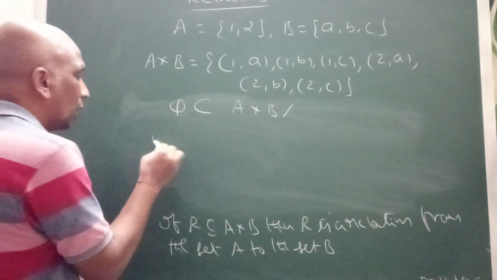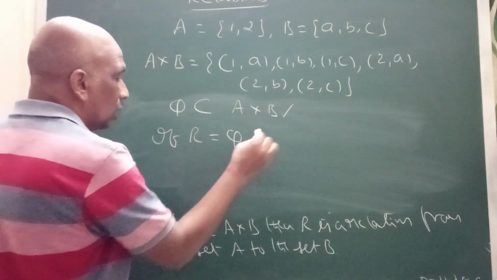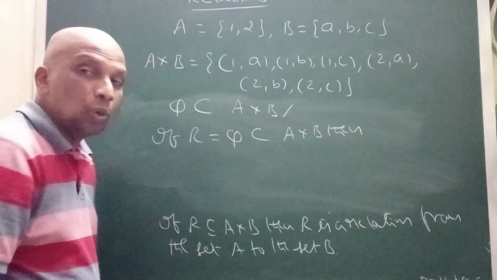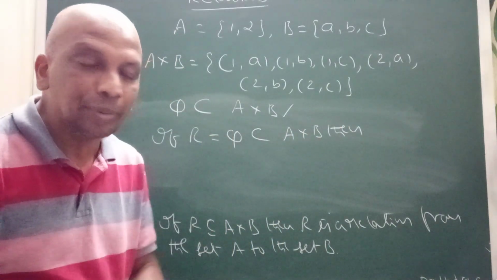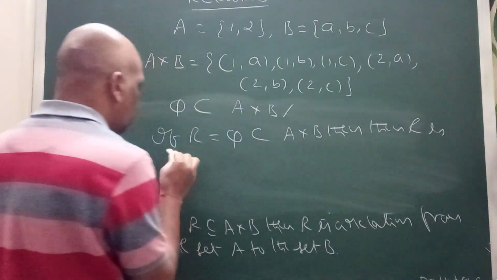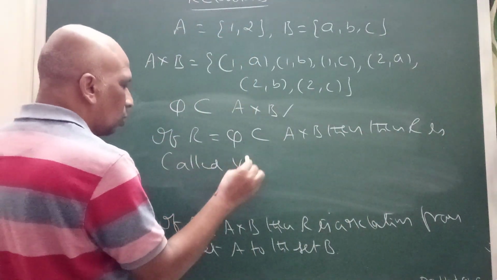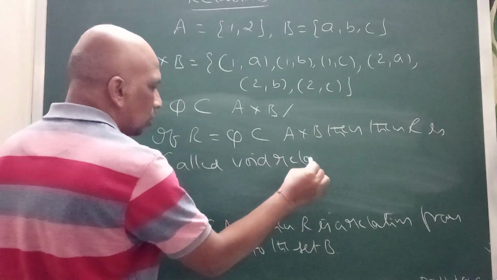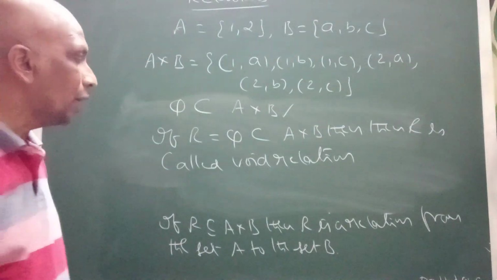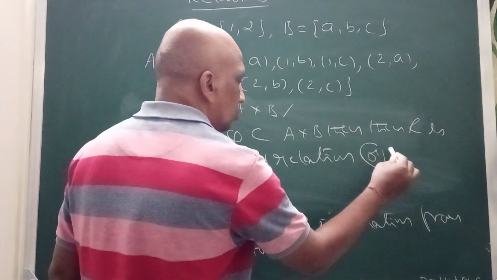That means if R is equal to the empty set, which is a subset of A cross B, then I can say R is called a void relation or empty relation.